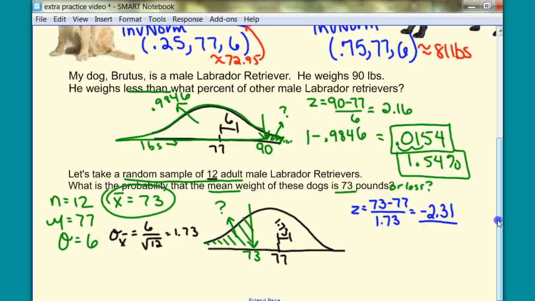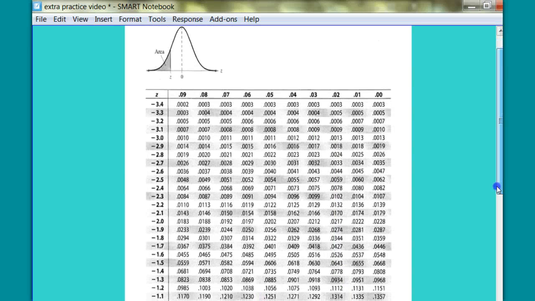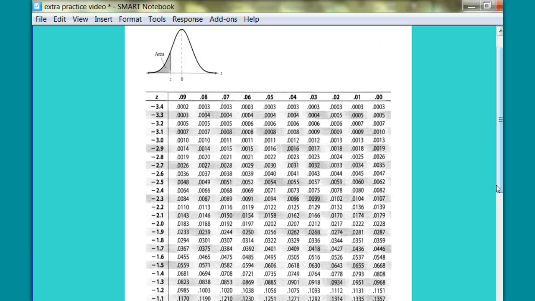If I grab my z-chart and look up that area, negative 2.31 is way down here. 2.3 is this row.